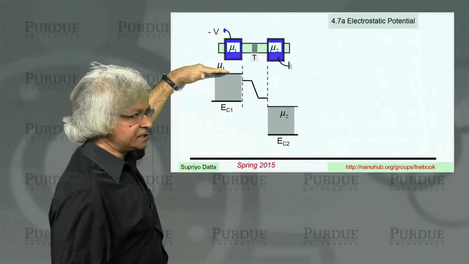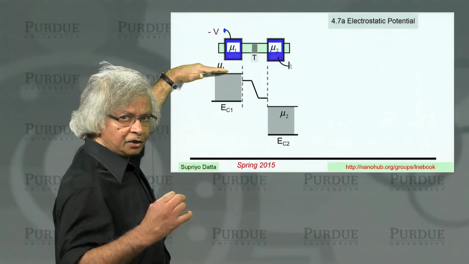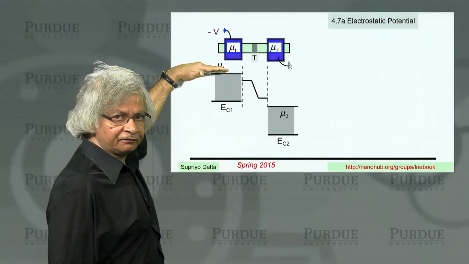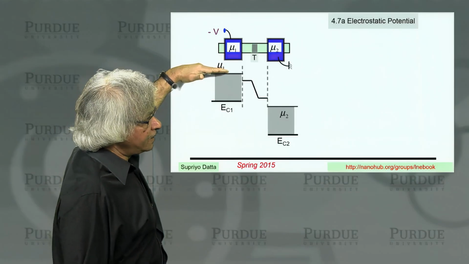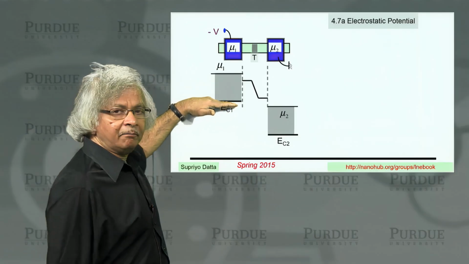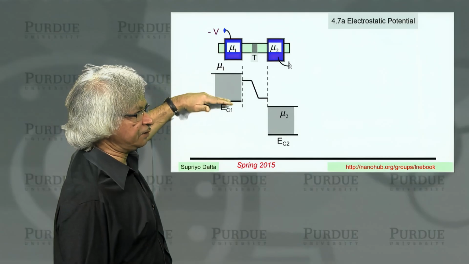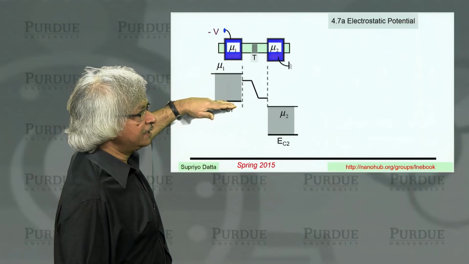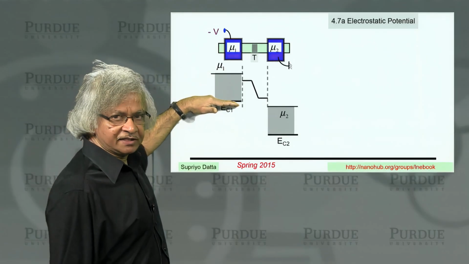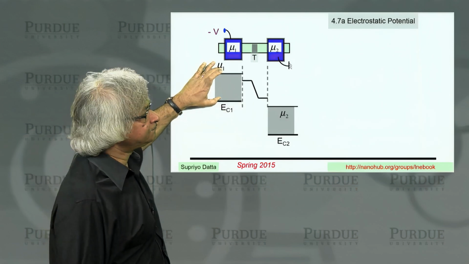At low temperatures, at least, and at high temperatures it's spread out a little, but it's still a good measure of the level of filling. What I've drawn here below is the bottom of the band. That is, you have a band of energy levels that are available, and this is the place where the density of states ends. For this discussion, we are assuming you have just one band.